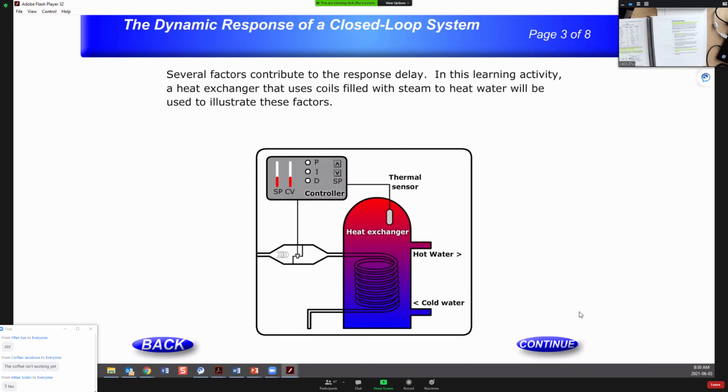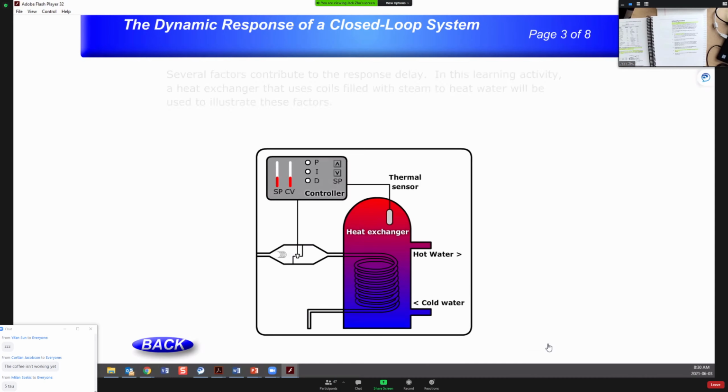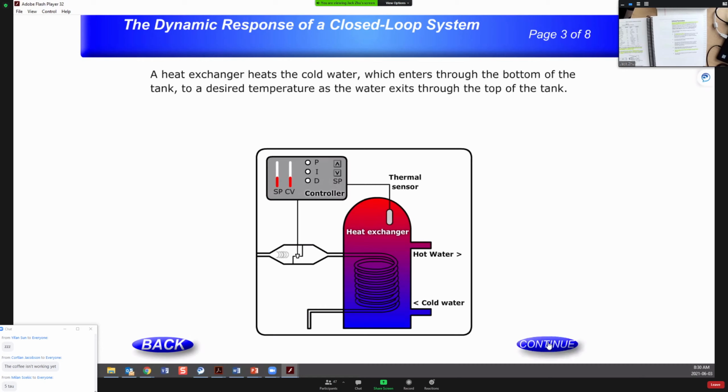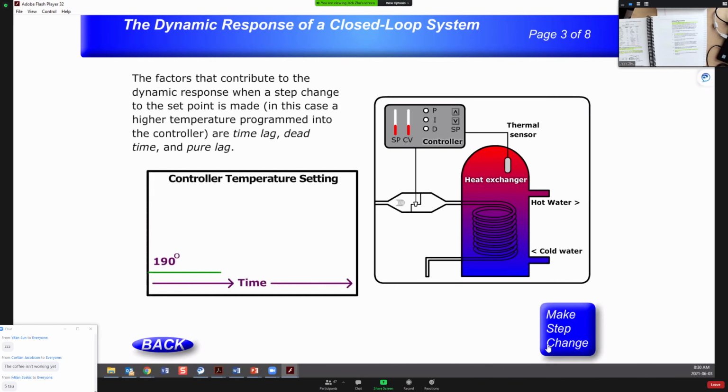There are a few things that affect this response time. So they want to change the set point.